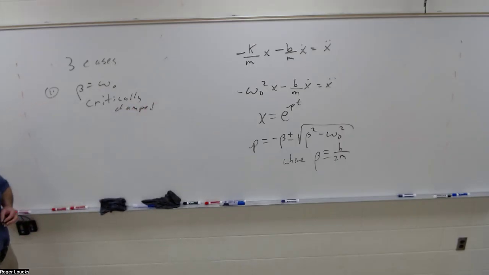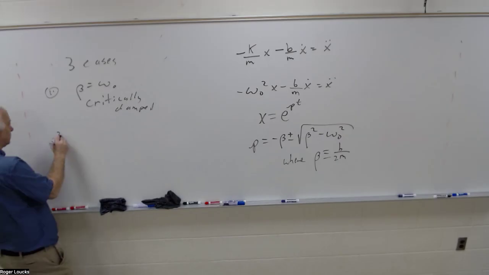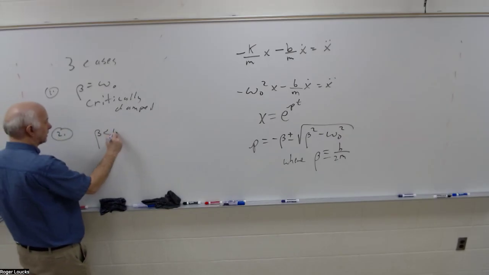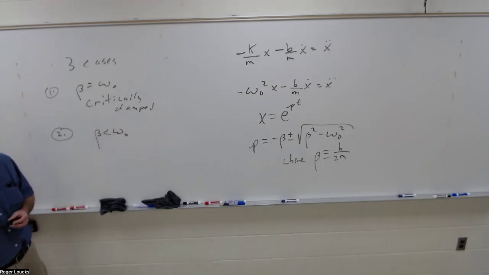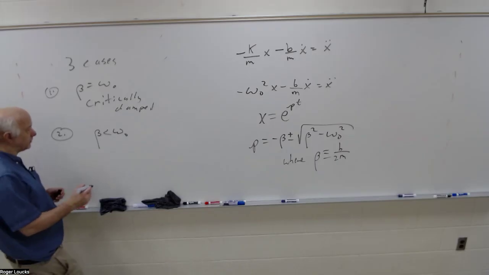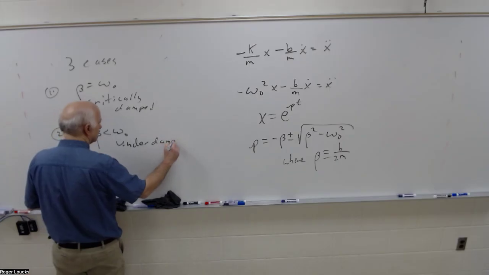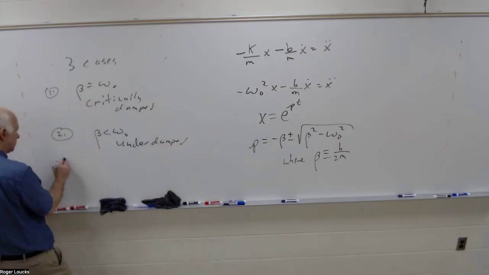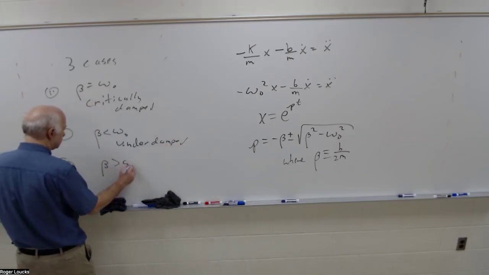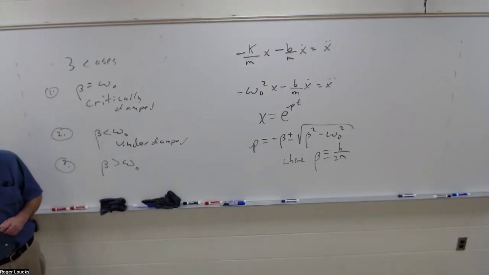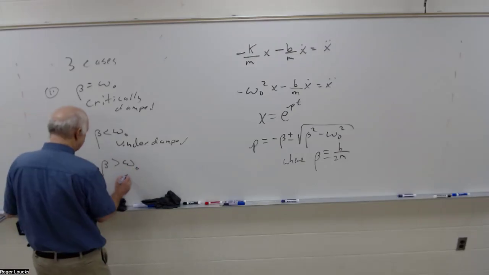What else? Beta less than omega naught. What was that one? Underdamped. And the last one has to be the greater than. What was that one called? Overdamped.